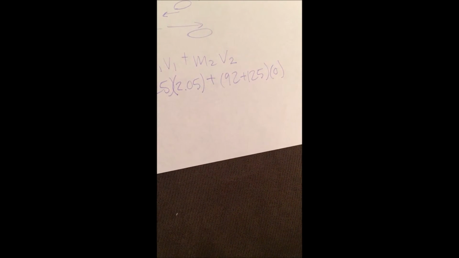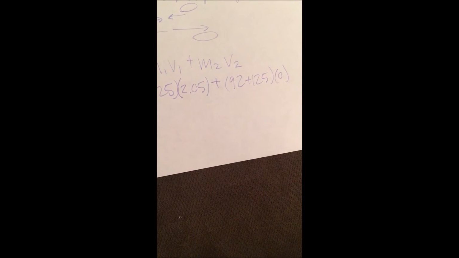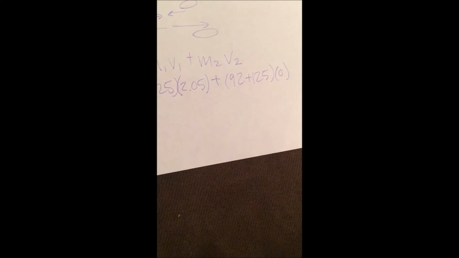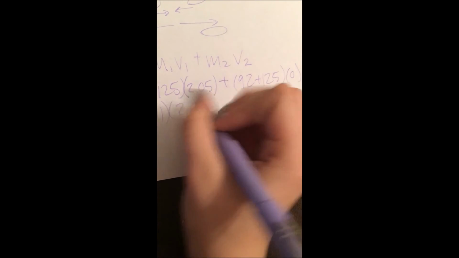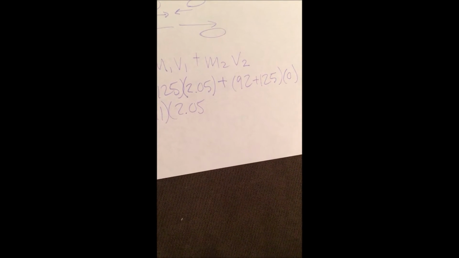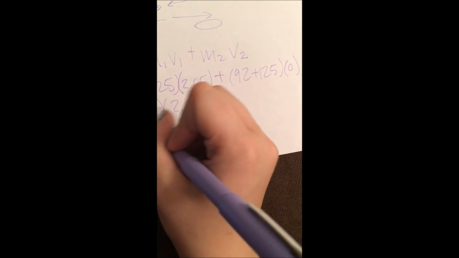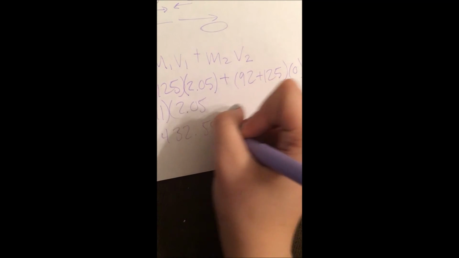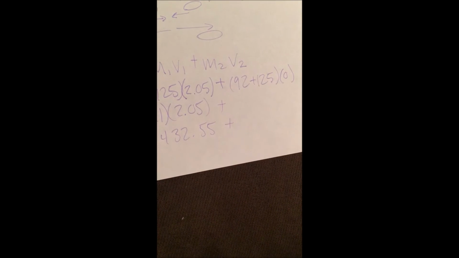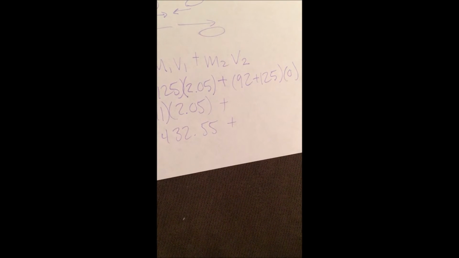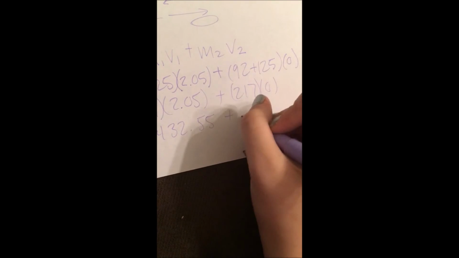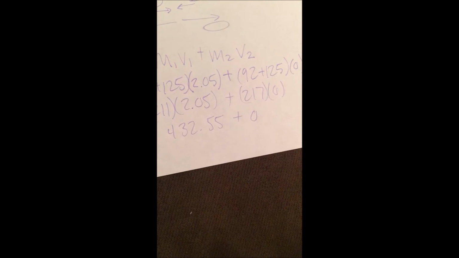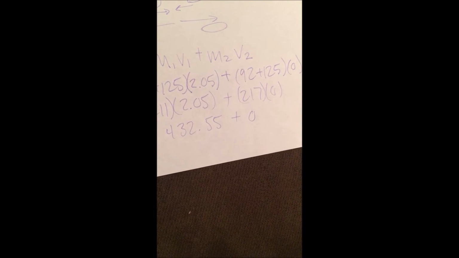So first let's solve for this side. 86 plus 125 is 211 times 2.5, which is 527.5. Plus, we have 92 plus 125 is 217 times 0 is 0. So, now this side needs to equal the other side.